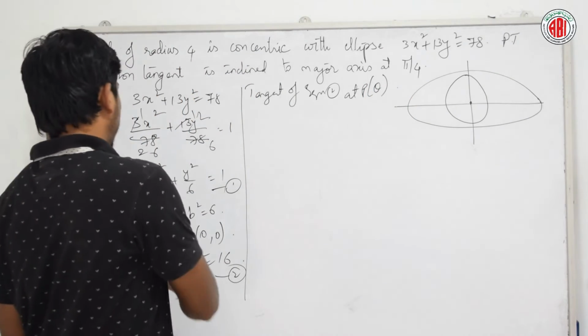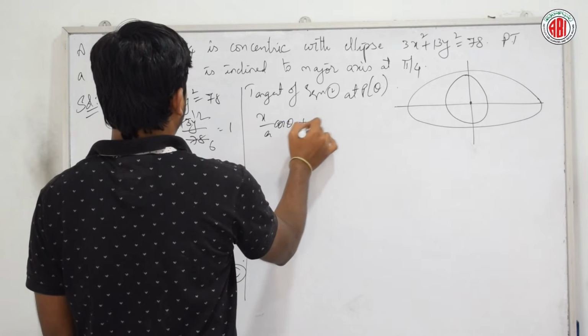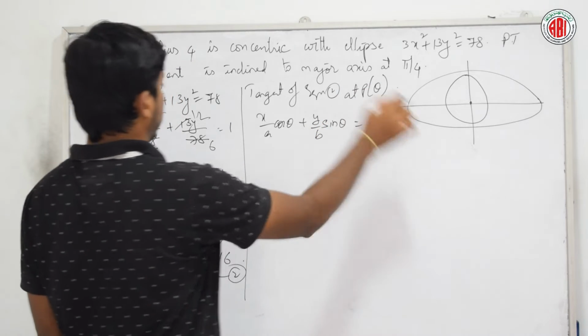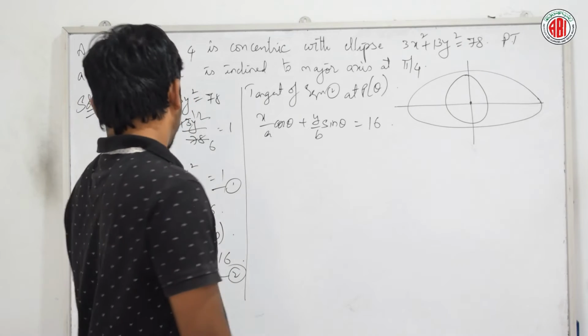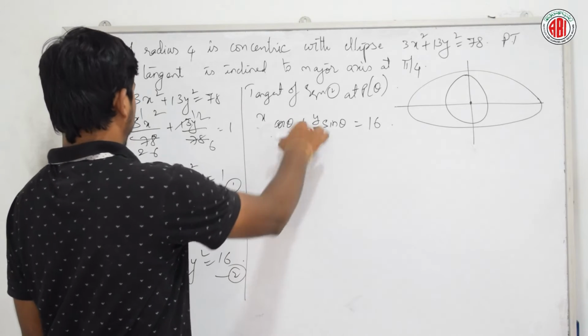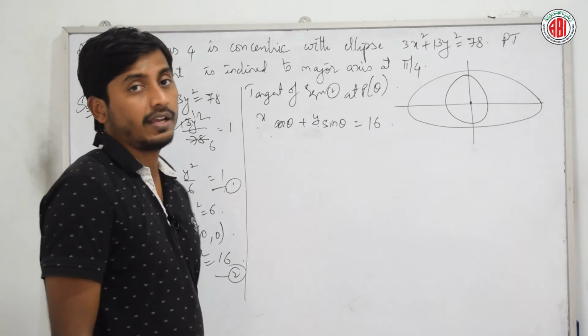So what do we get here? x by a cos theta plus y by b sin theta is equal to 16. Is it fine? Okay. Oh sorry, here it is only x, right? x1, y1. So obviously it will be x into cos theta, y into sin theta equal to 16.